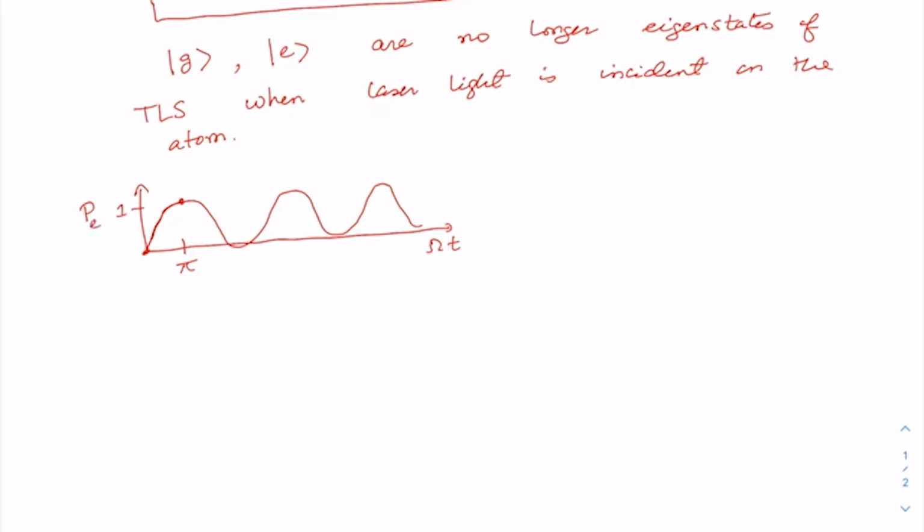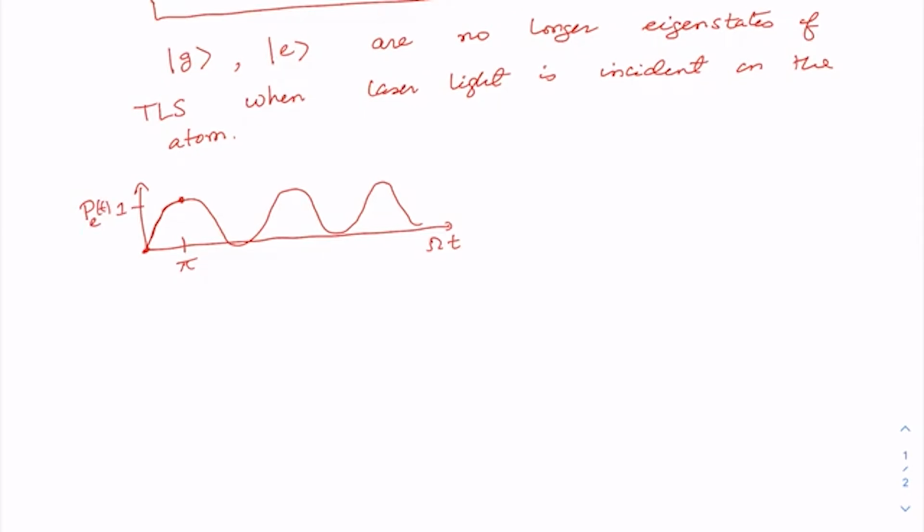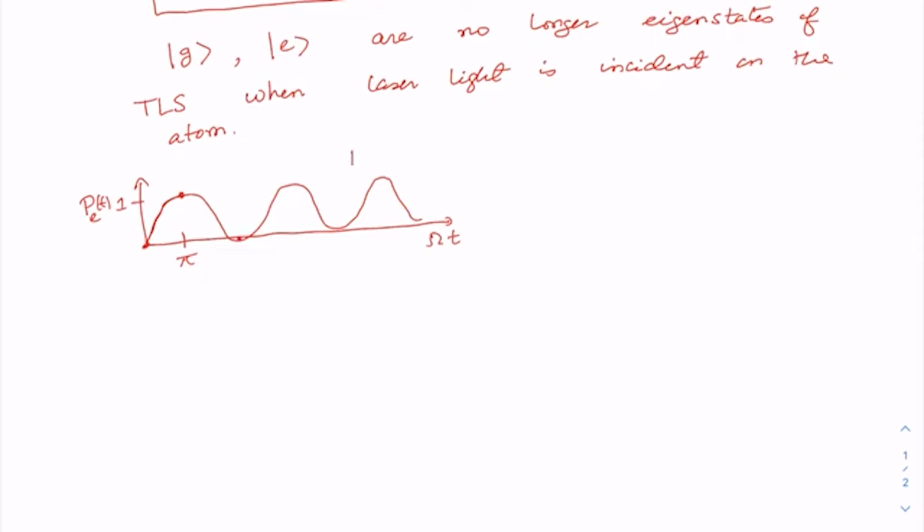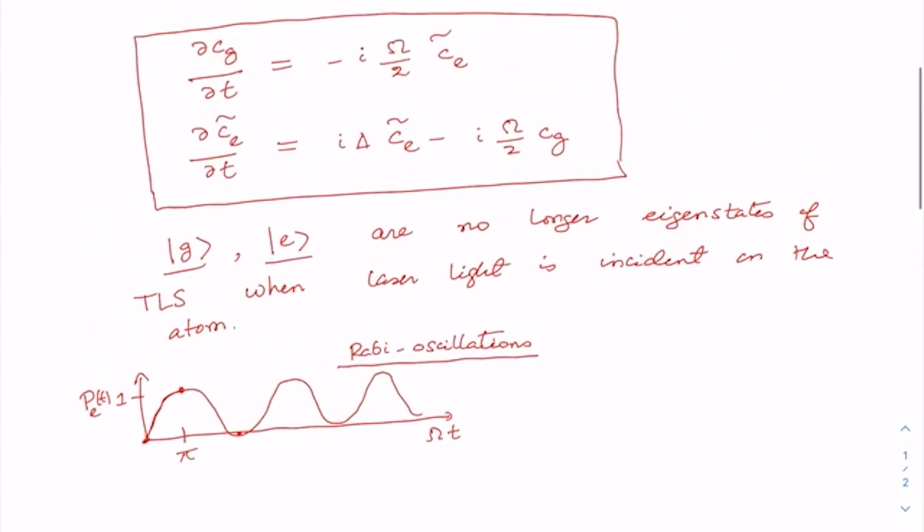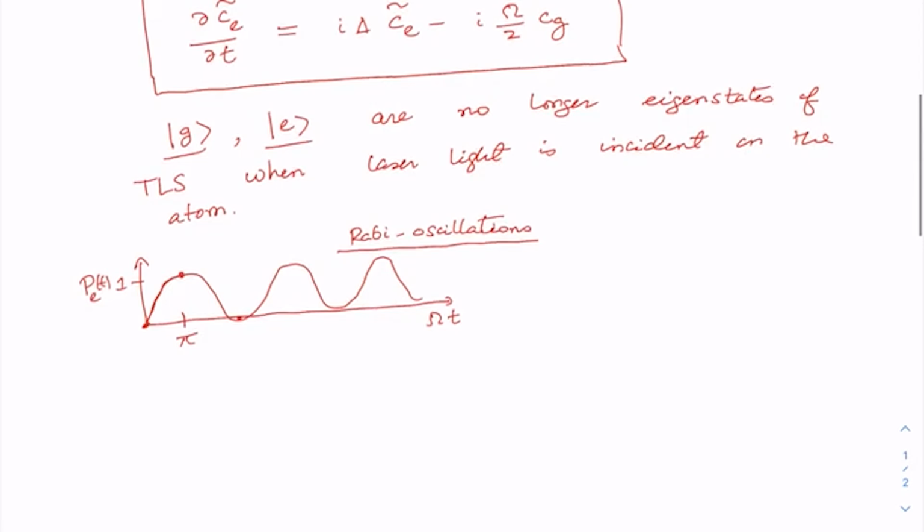If I draw the probability versus omega t, this discussion we have already done in great detail in the last class. So Rabi oscillations teach us that the ground state and the excited state are no longer eigenstates of the two-level system when laser light is incident on the atom.